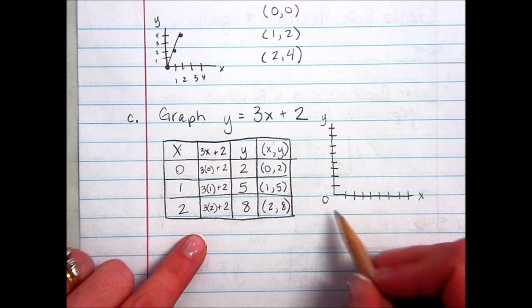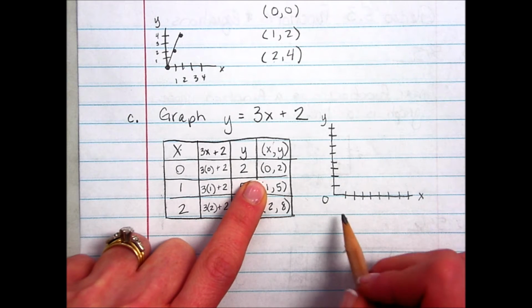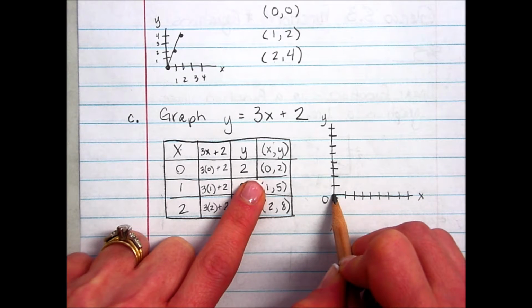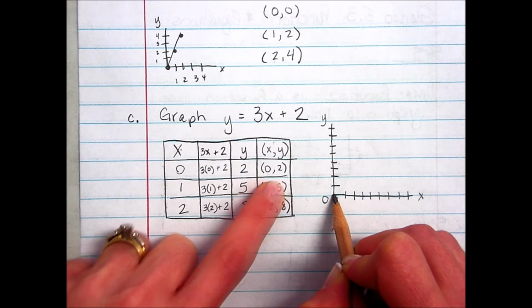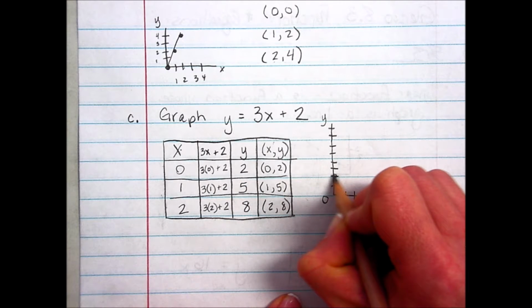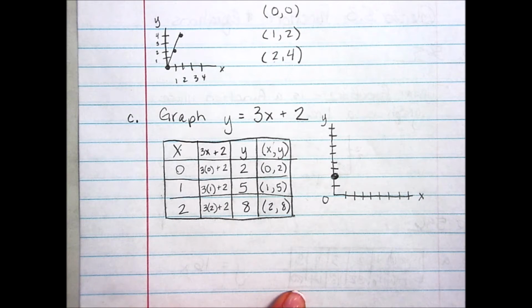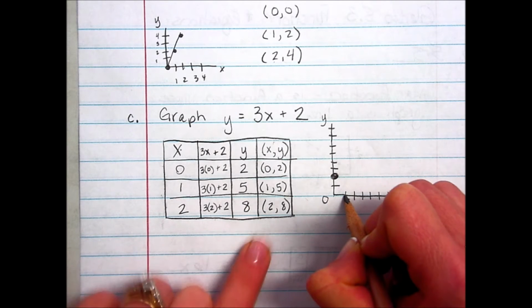Okay, so now I'm going to plot the points on my graph. The first one is 0, 2. I always start with the x-axis, so it's 0, so I don't go to the right at all. But I'll need to go up 2. Next, I have 1, go over 1 on the x, up 5.